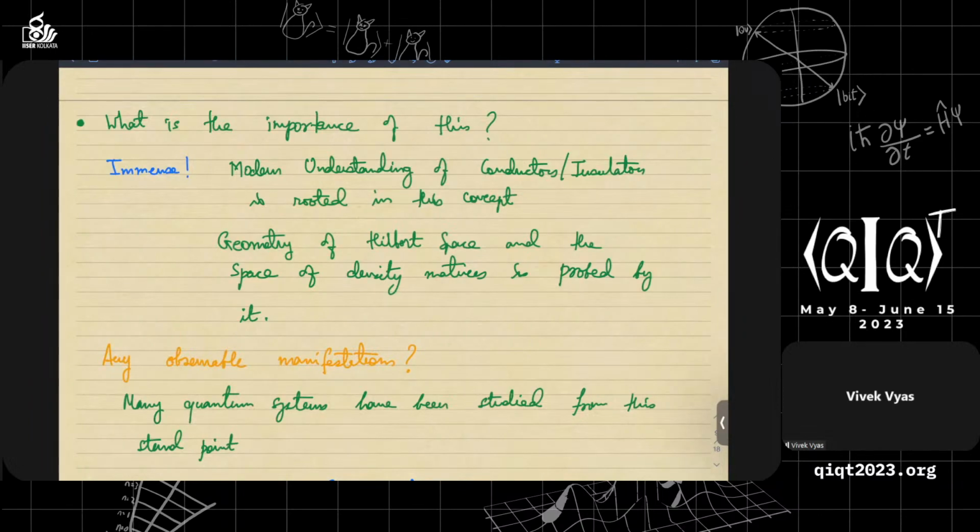If you can understand the geometry of Hilbert space, you in some sense know in a very fundamental way what is the difference between a conductor and an insulator, and there are many kinds of insulators, so how they are different. Topological insulator is one prime example where you use these ideas of geometric phases, without which you cannot understand. At least as of now, we don't know if there is another way of understanding these properties. And the geometric phase essentially probes this geometry.